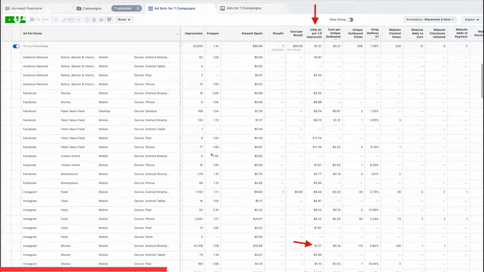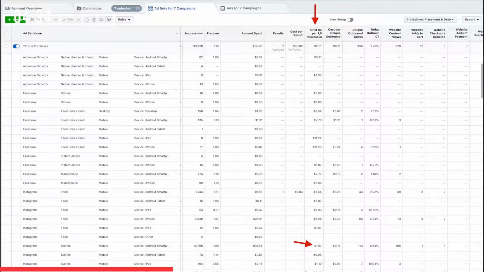So if I'm delivering my ad to the same exact person, whether they're on Facebook newsfeed, Instagram newsfeed, or Instagram stories, I'm still reaching the same person. What's the sense in advertising much on Facebook newsfeed on the iPhone or the Android with CPMs that high?